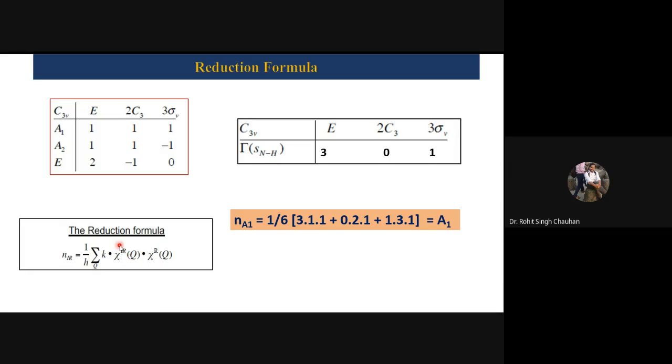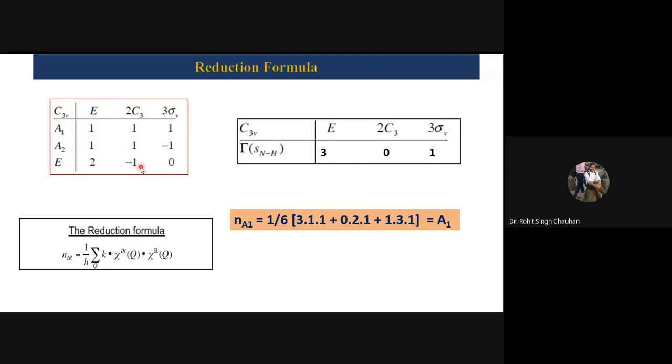So chi IR, with respect to A1, what is the value? It is 1. So I have written 1. Chi R, it is 3. So I have written here 3. Right? See, K times chi IR times chi R. Chi IR corresponds to the irreducible representation, and this one corresponds to the reducible.